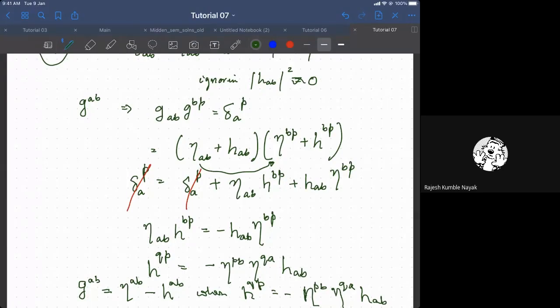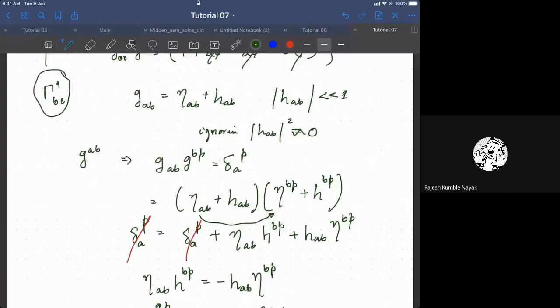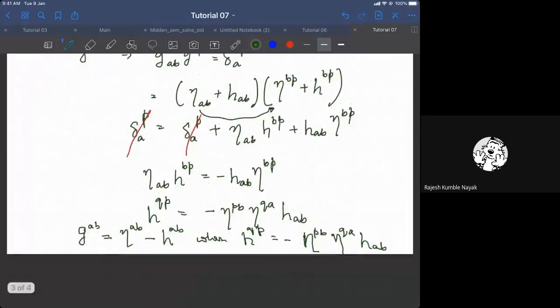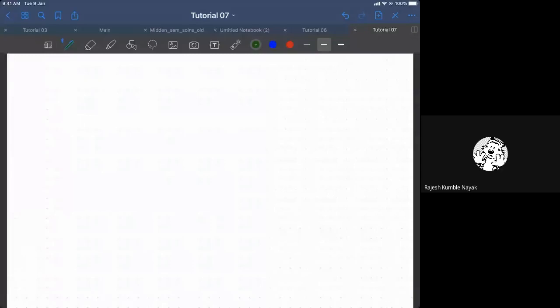Okay, let's start. Any questions? So far, let's summarize. What we are doing is linearizing, the linear approximation of the geometry.